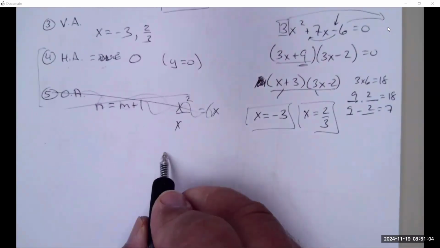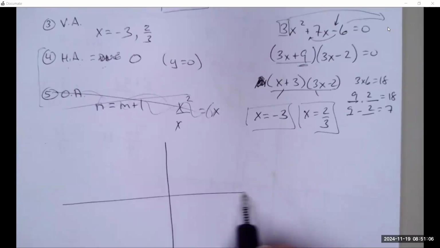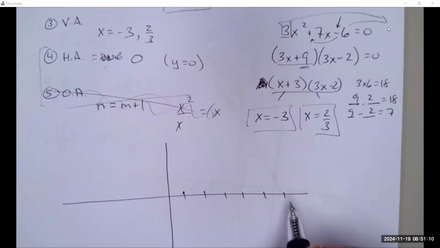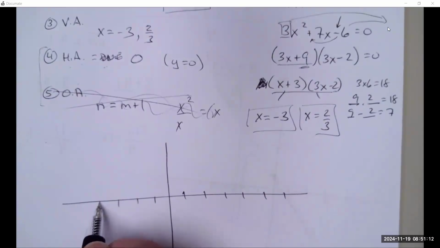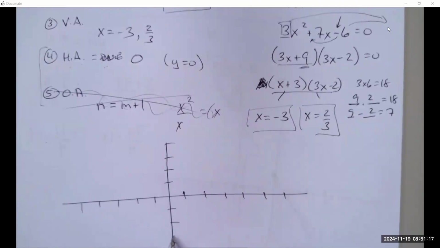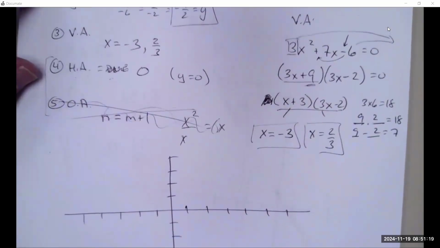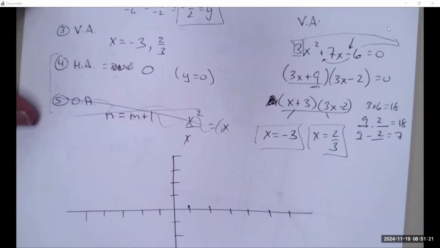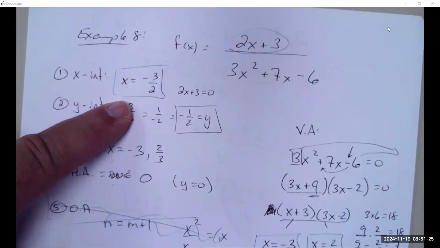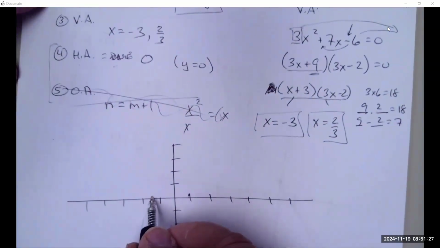So let's look at the graph. My x-intercept is where? Negative 3/2, which is negative 1 1/2. So it's over here. That's my x-intercept.